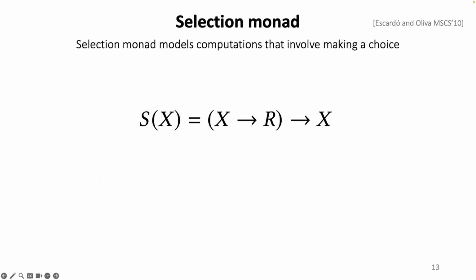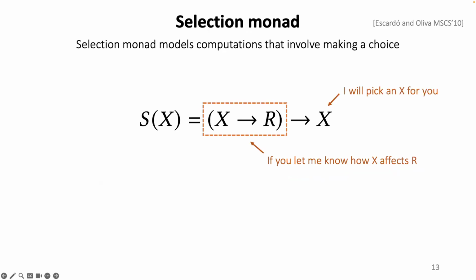This slide gives the definition of the selection monad. S of X is a higher-order function that takes a function from X to R and returns an X. The interpretation of this monad is: if you can tell me how X affects R, then I'm happy to pick an X for you.